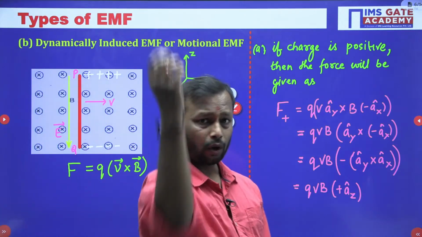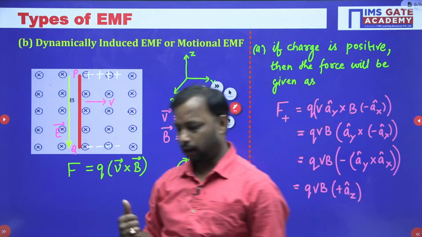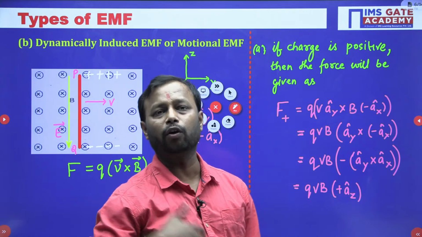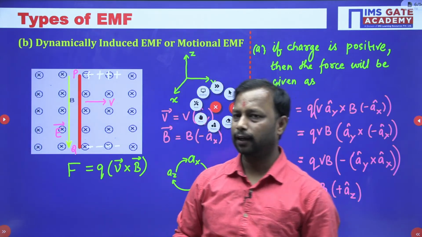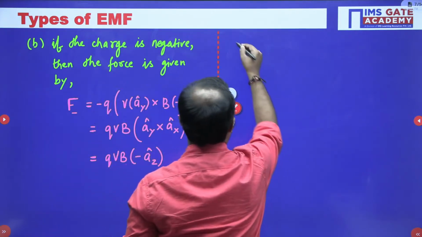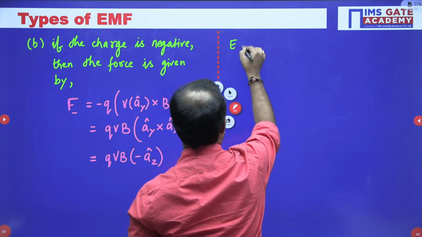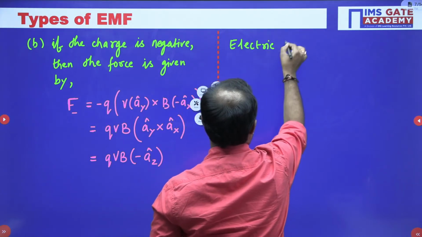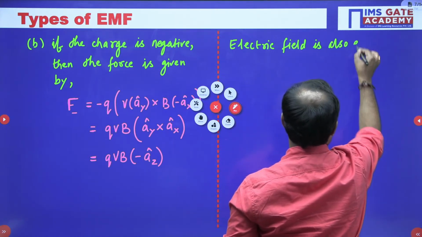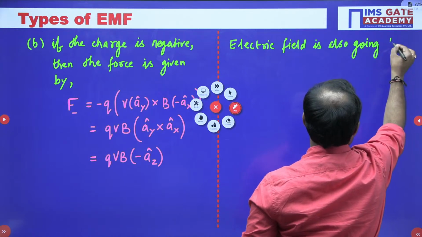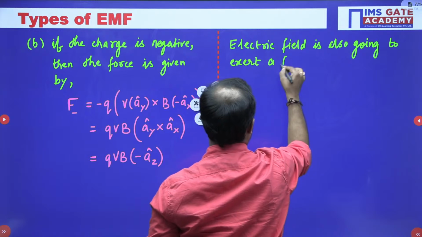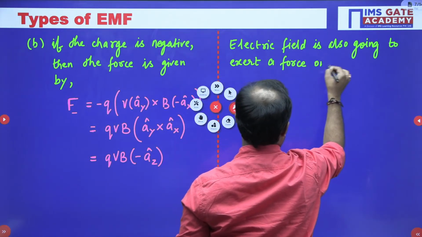Now this electric field is again going to exert a force. Why, sir? Because we know the relation: electric field is also going to exert a force on a charge.